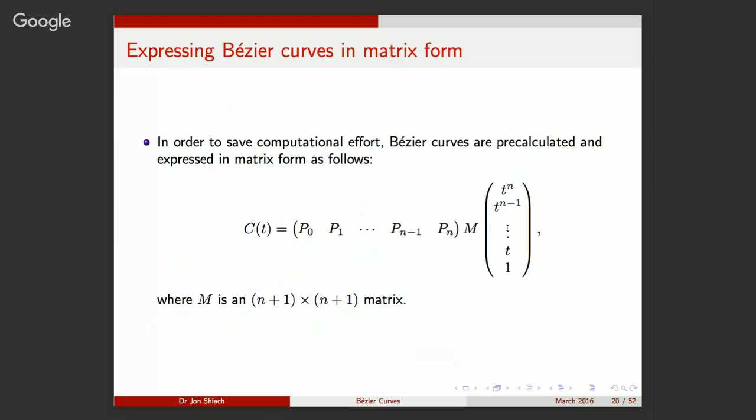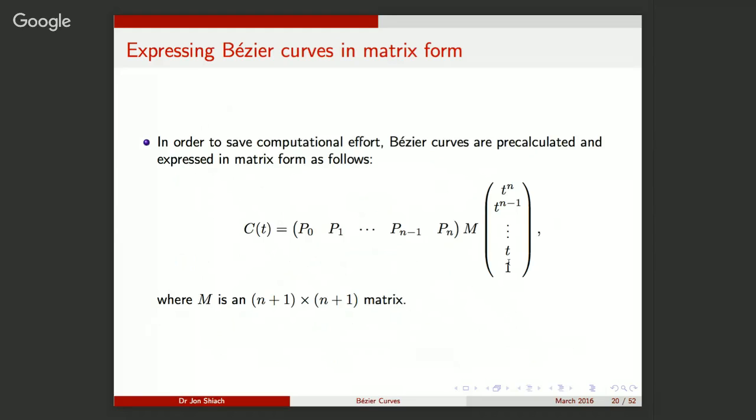And then here we have a vector of t values, an n+1 column vector. At the top we have t to the power n, so if that was a cubic, it would be t to the power 3. Going down, we subtract 1 from the power, all the way down until we get to 1 at the bottom.